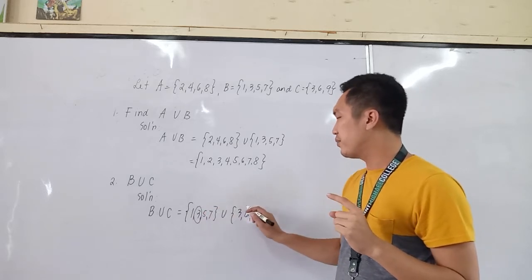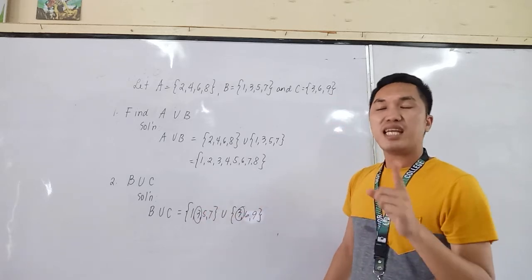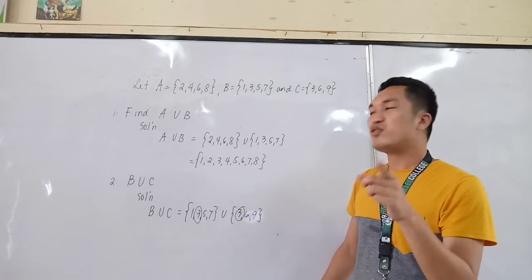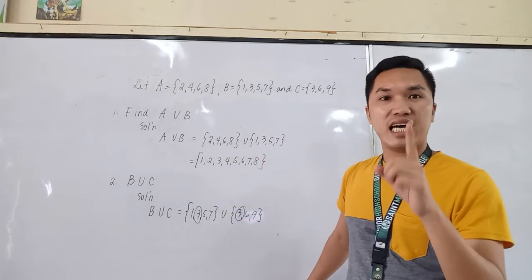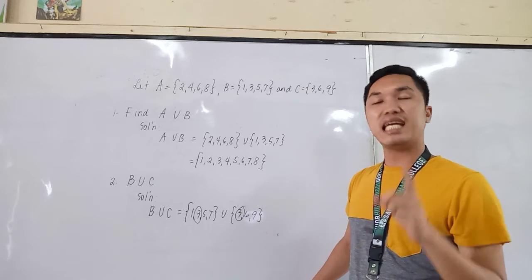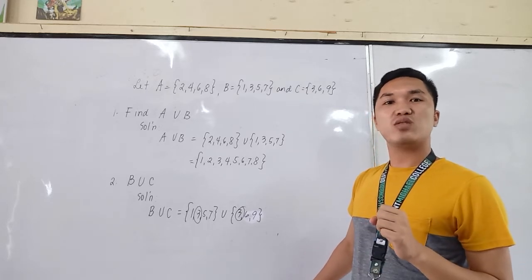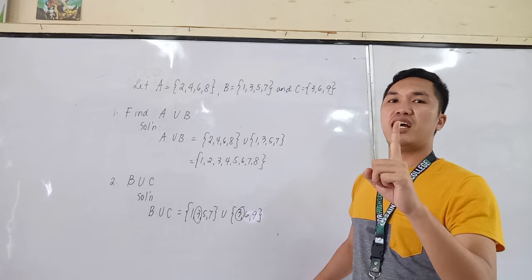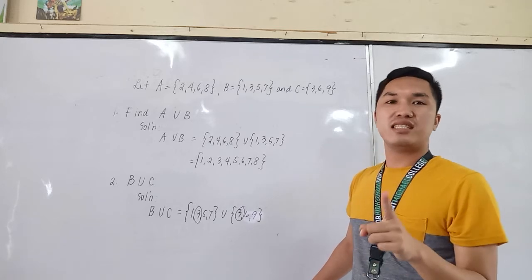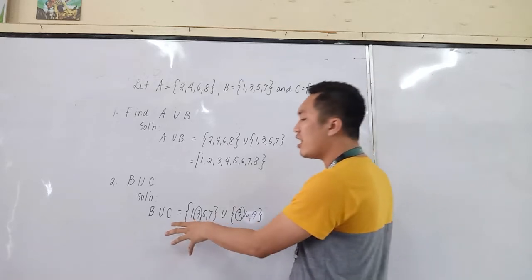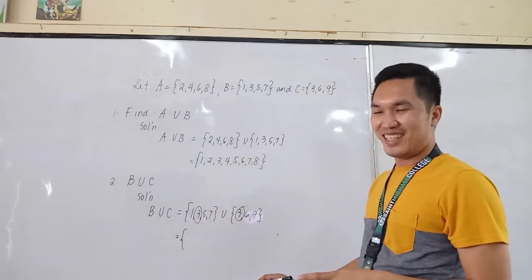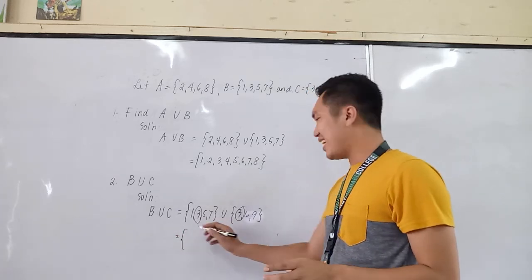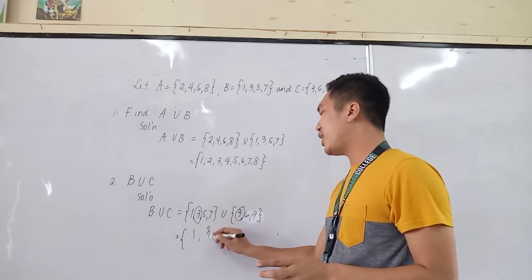So this one and this one. Take note that if you union two sets and they have an identical element, or the same element, you should write it only once. So the answer is 1, 3.